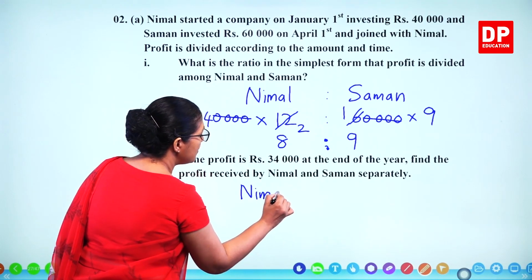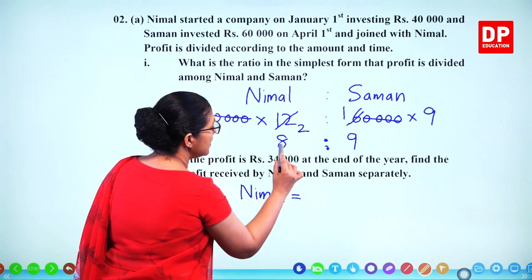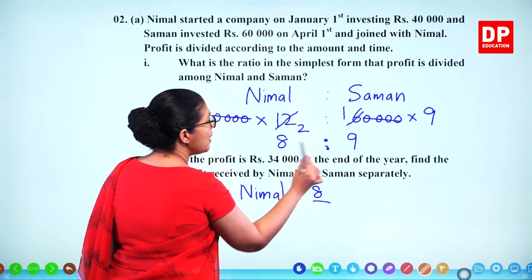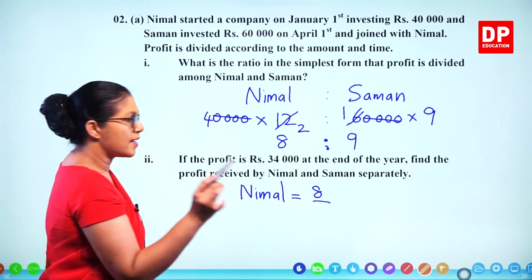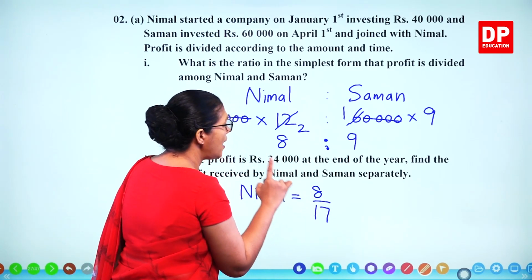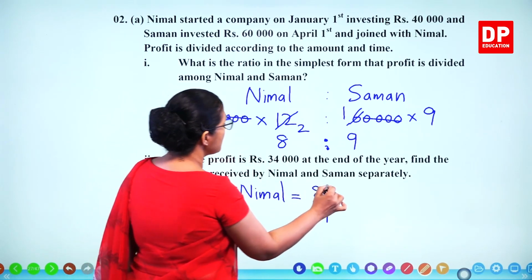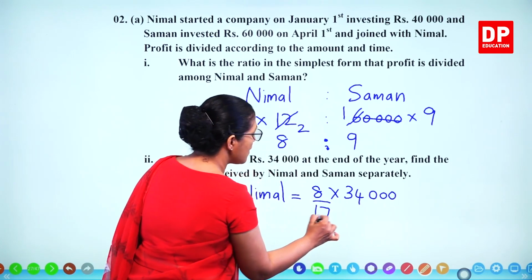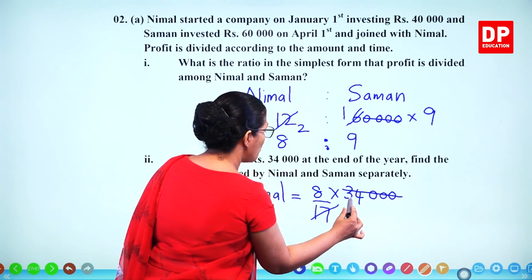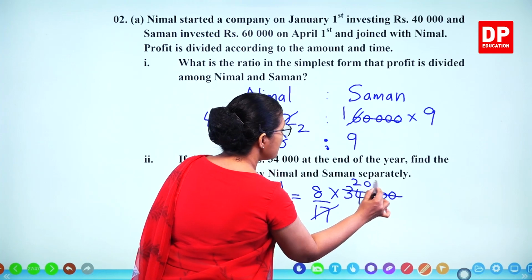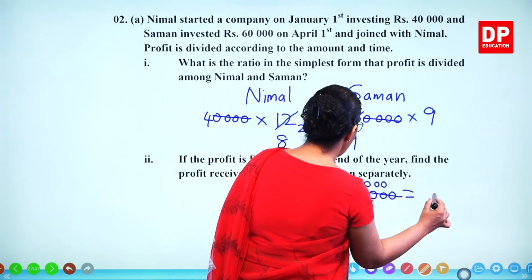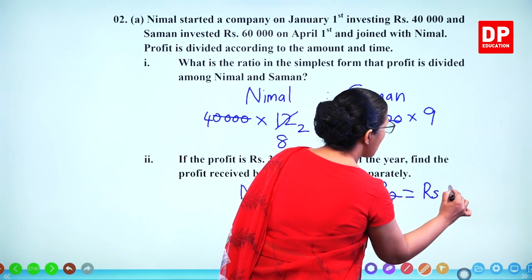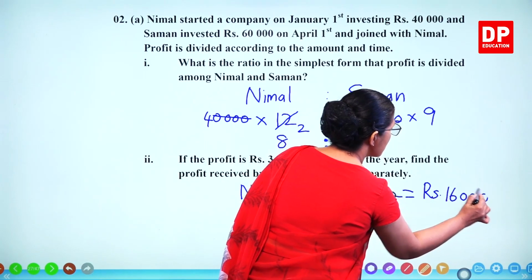So Nimal gets 8 over 8 plus 9, 17 parts. Out of 17 parts, only 8. So what's the profit? 34,000. So 17 times 2, that means 2,000. 2,000 into 8, 16,000 is Nimal's profit.